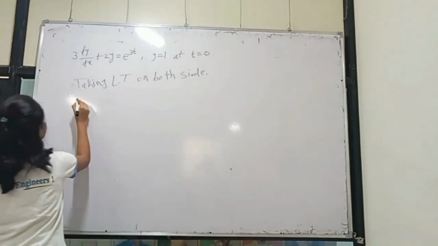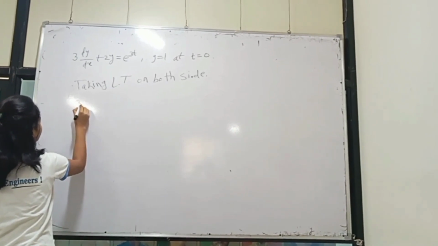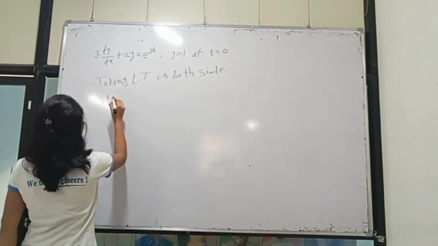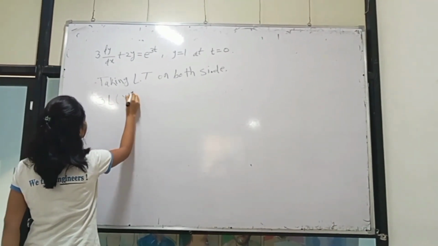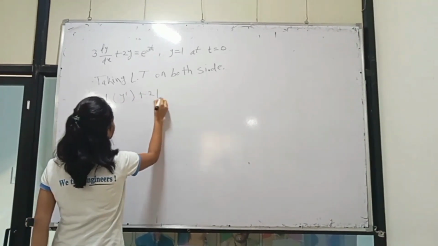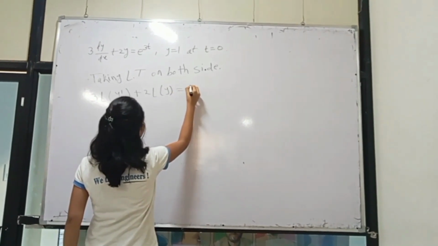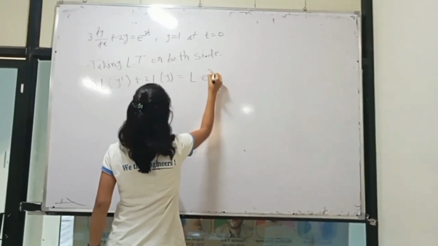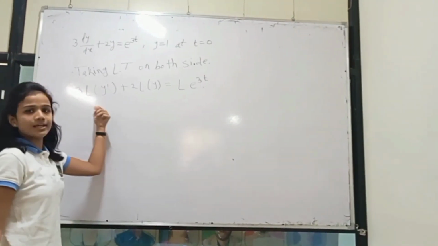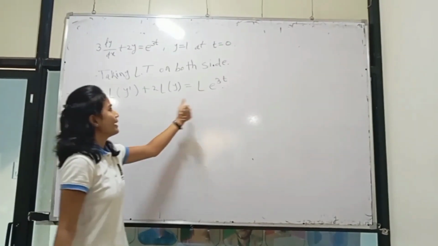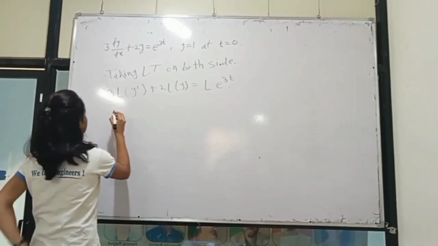So we get Laplace of y dash plus 2 into Laplace of y is equal to Laplace of e raised to 3t. So we put the value of Laplace of y dash, Laplace of y and Laplace of e raised to 3t.